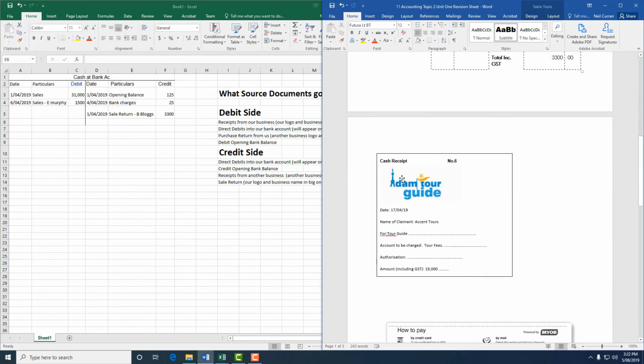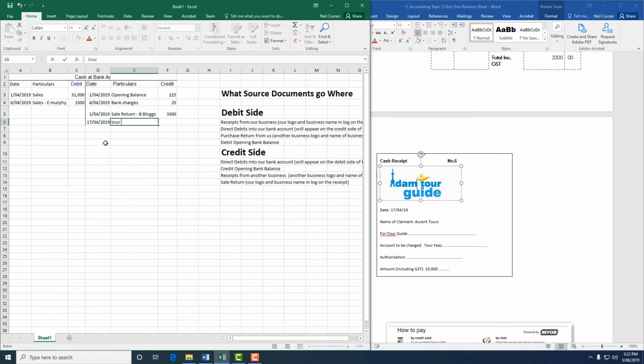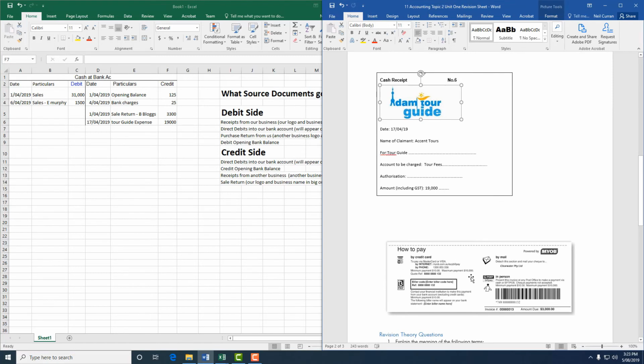And the next one will be on the credit side as well, so we will put this at the bottom. The last one here is something to throw you off, so we're not actually going to be doing anything with that.